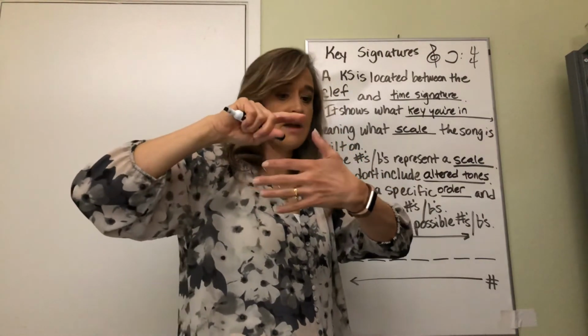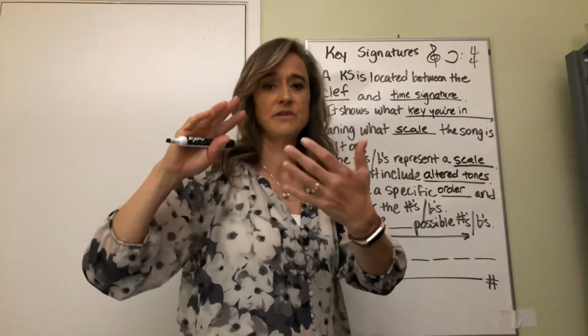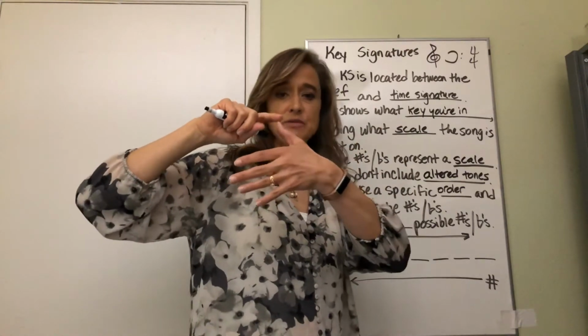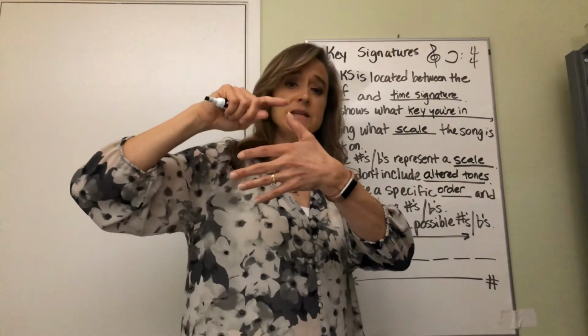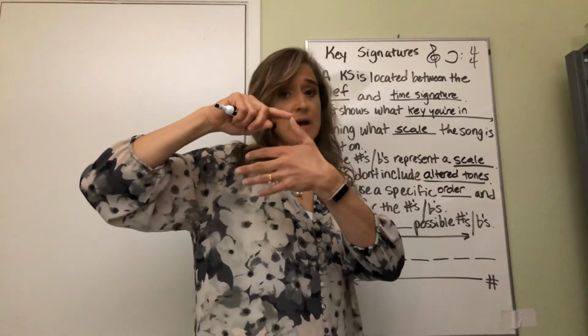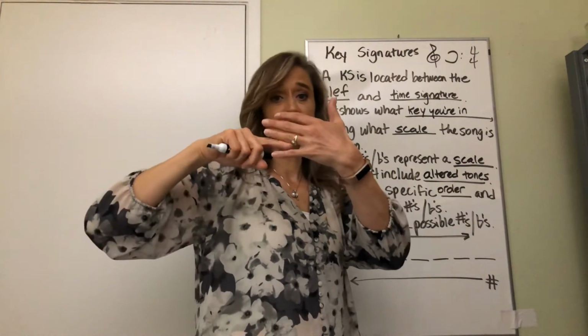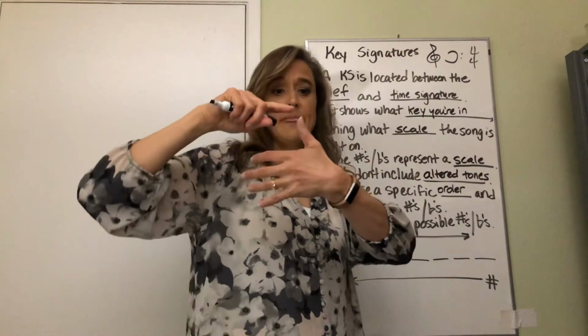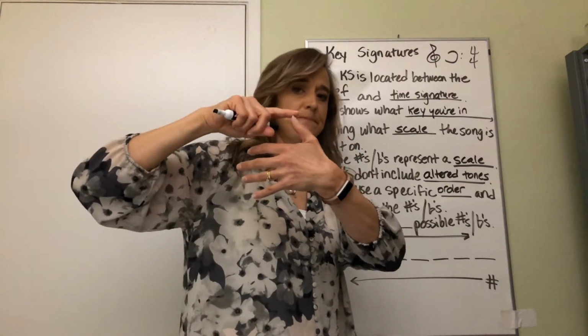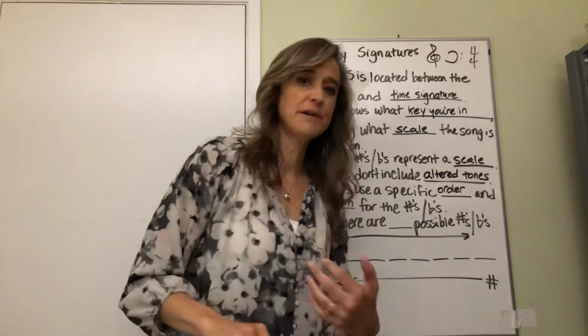And in all cases, musicians write the key signature with F sharp always at the top. Now that doesn't mean that the note on the top line is the only F sharp in the song. Whenever I see one on the first bass, no, it's not an F sharp. This stands for all F sharps, okay, in every register.